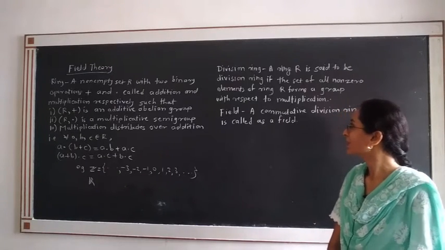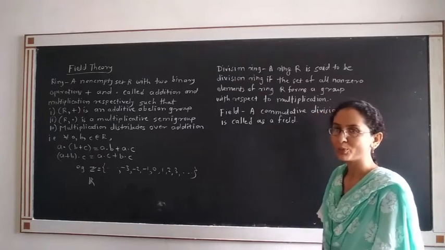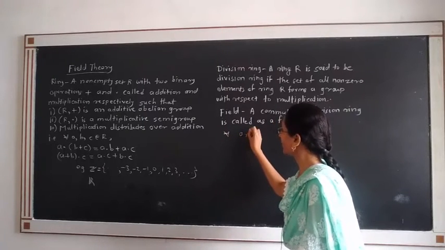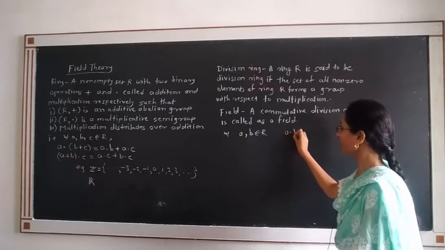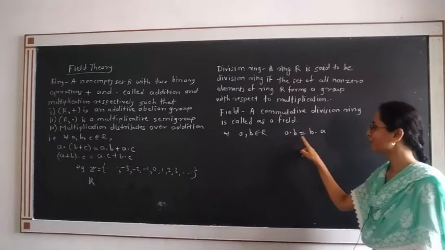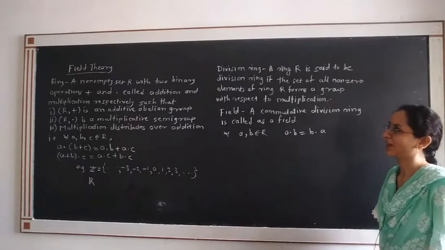Commutative means the ring should be commutative with respect to multiplication: for all a, b belongs to ring R, a dot b is the same as b dot a, or you can say a into b is equal to b into a. Then we say that the ring is a commutative ring.